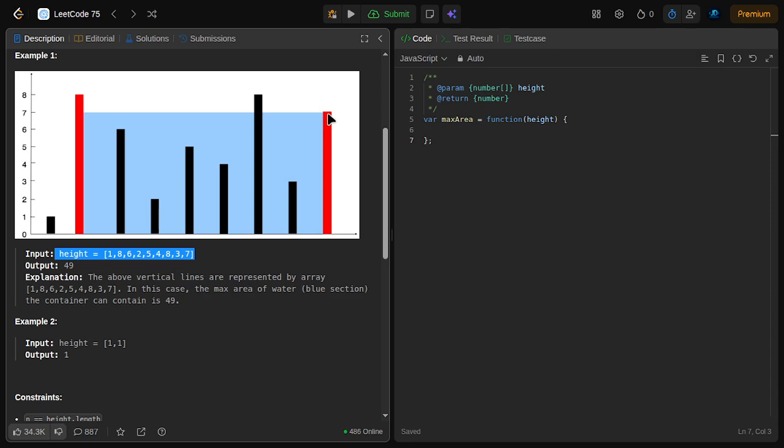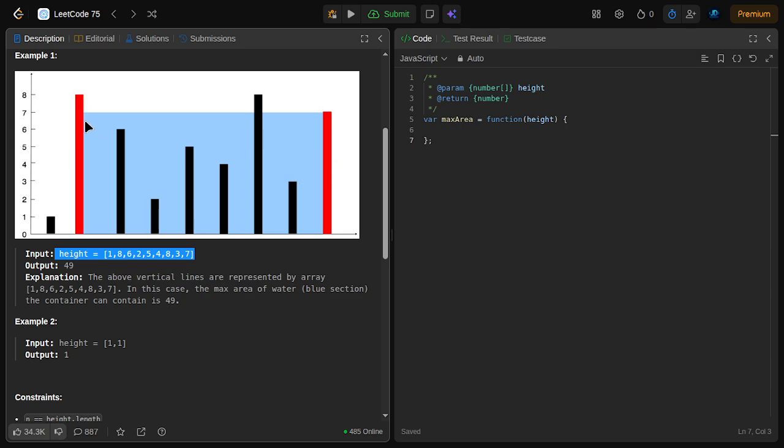For building a container, a rectangle, I take the minimum height between these two lines, and calculate the distance between them, this arrow length, from the first index.